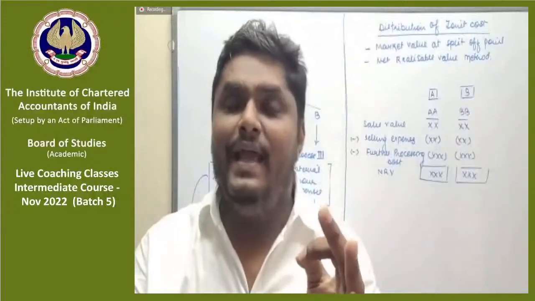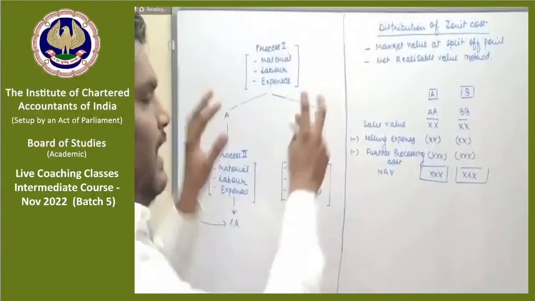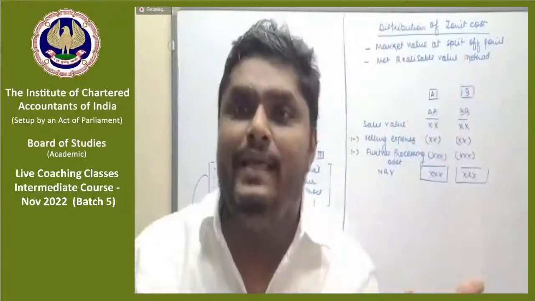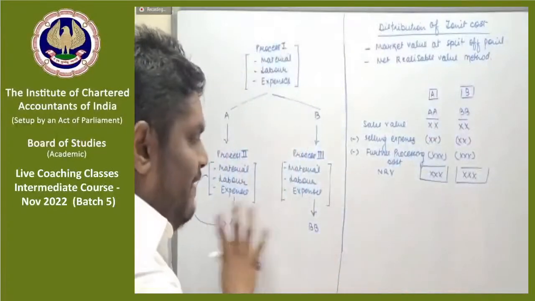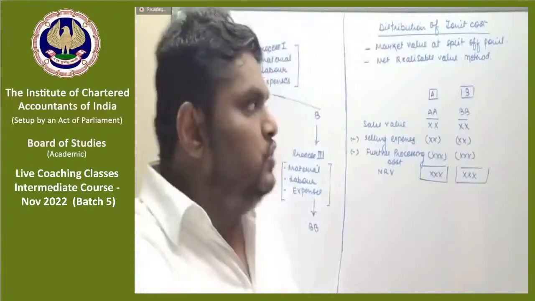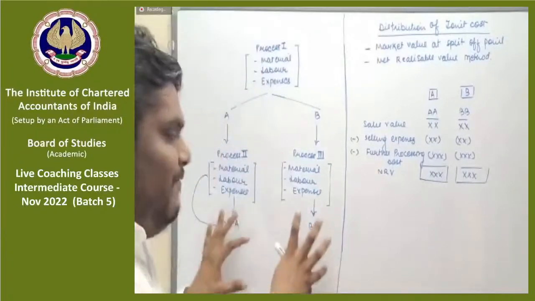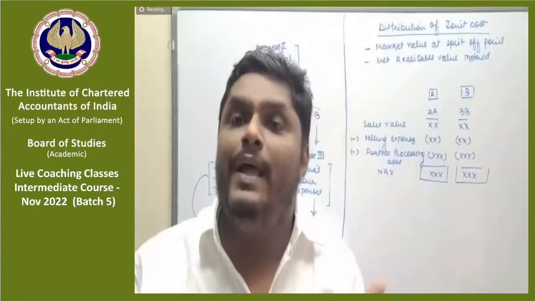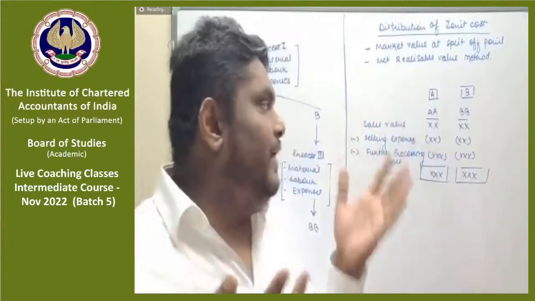I repeat again, guys, product A and B cannot be sold in the market; they have no active market. But we have the market value of double A and double B because these are our final products. With the help of the market value of double A and double B, we will calculate the net realizable value or dummy market value of A and B. How?